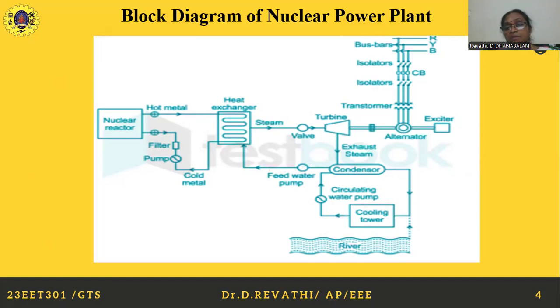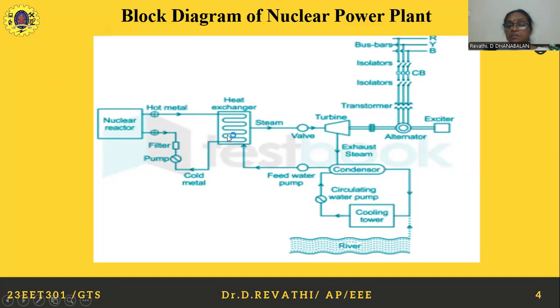Once again, we will repeat the components: nuclear reactor, heat exchanger, turbine, alternator, and condenser. In the working, the nuclear reactor consists of fuels, uranium and thorium. Uranium and thorium are heated, and the heat is sent to the heat exchanger.